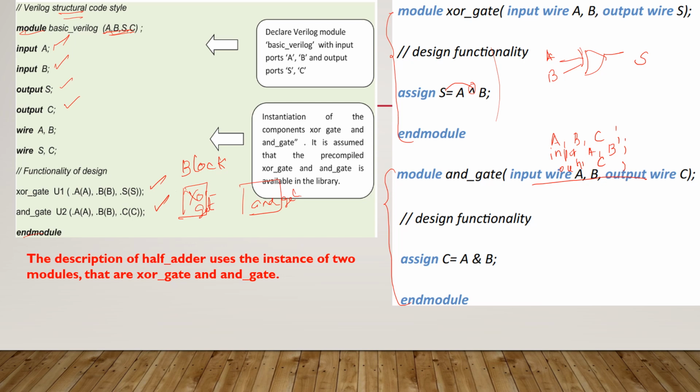Next, if you want to produce a carry, you know that it is the AND operation, right? The truth table clearly shows that if you have inputs A, B as 0 0, 0 1, 1 0, 1 1, the sum you will be getting is 0, 1, 1, 0.